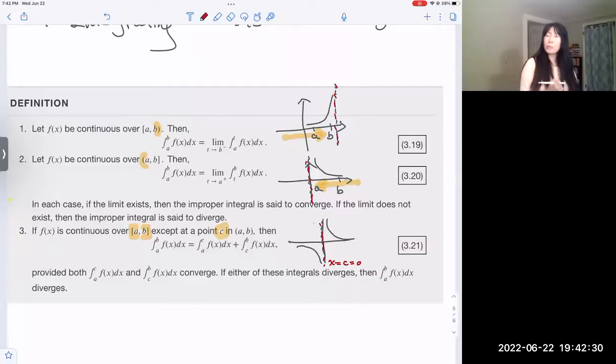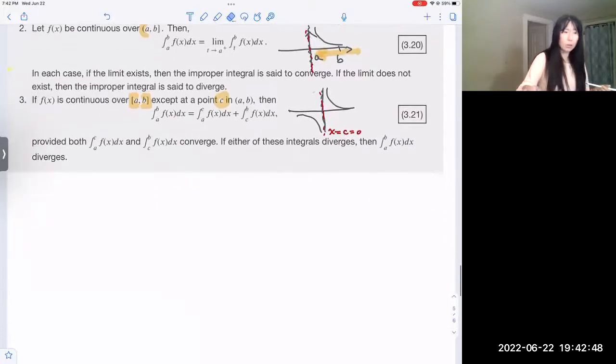If we have positive infinity or negative infinity, then we say it diverges, all right? And for type 3, if either one diverges, then we can say the whole thing is diverging. All right, so let us do a problem.